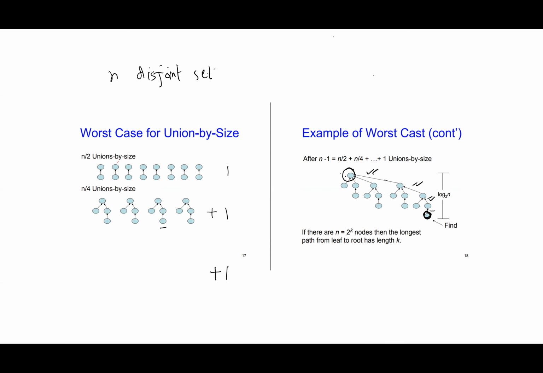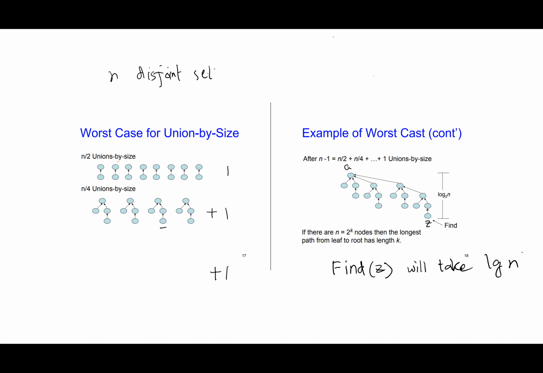To return the root. That means even in the worst case, if someone says, say this is z, and this is the root, and someone says find z, this one will take 4 steps, which is log of n.